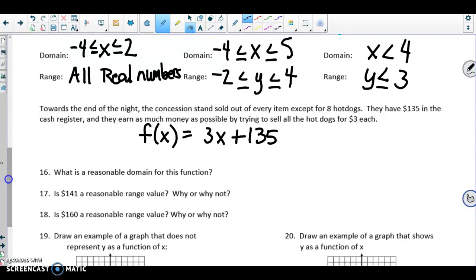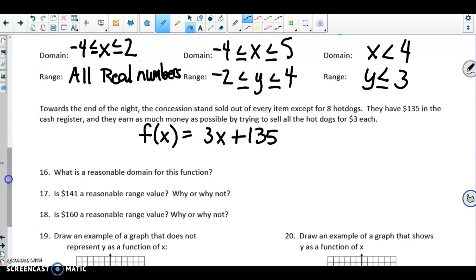Well, here's the thing. We need to determine, is this a discrete or a continuous function? Well, x is our hot dogs. We're only going to sell so many hot dogs. We can't sell 1.5 hot dogs. So that means this one is going to be discrete.